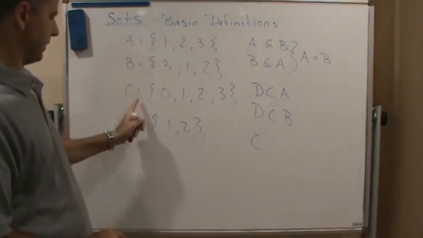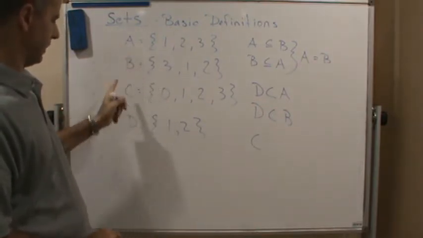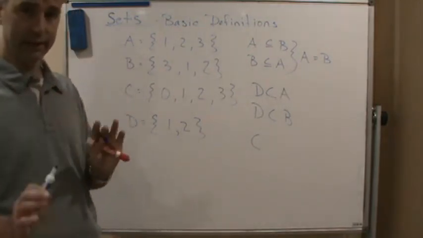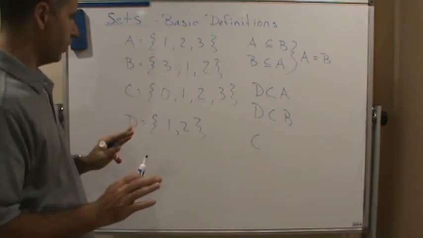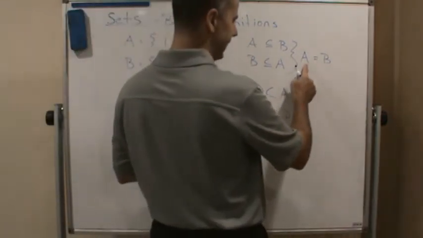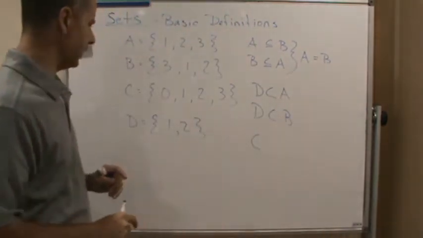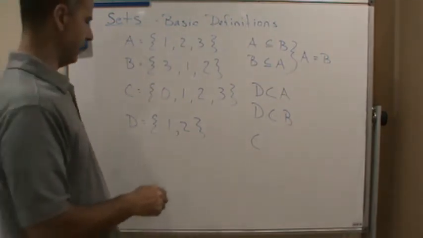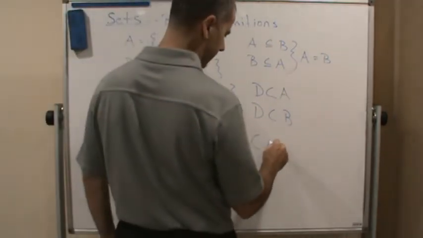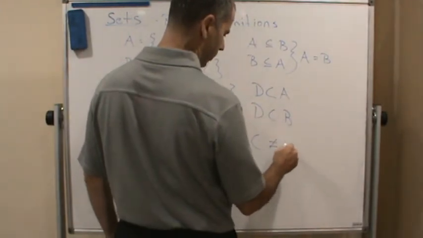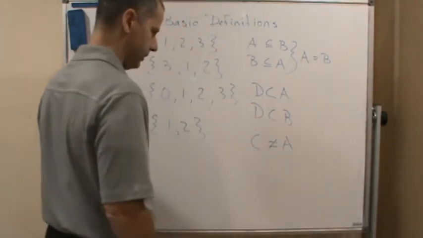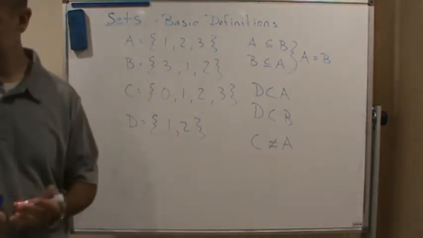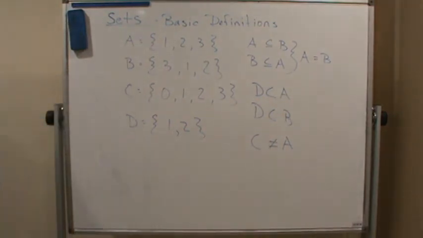A is a subset of C, and D is a subset of C. Also, now this brings up another concept. We can say A is equal to B, but what if there are elements that are not in one set? Then in this case, we would have to say that C is not equal to A, right? Again, just a little bit of nomenclature and symbolism.